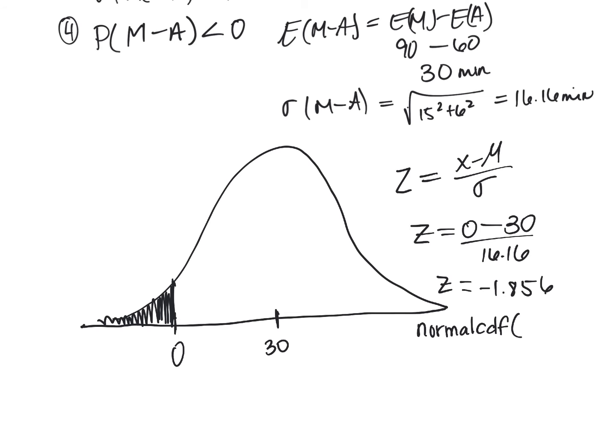That's our maximum. Normal CDF, because I want less than 0. The z-score at 0 is negative 1.856. So because I want less than, my lower bound is what? Negative 99. And my upper bound is negative 1.856. and plug that in. Second distribution.